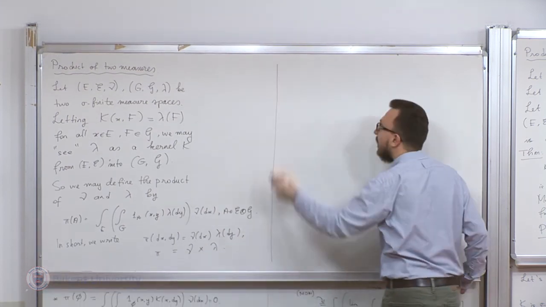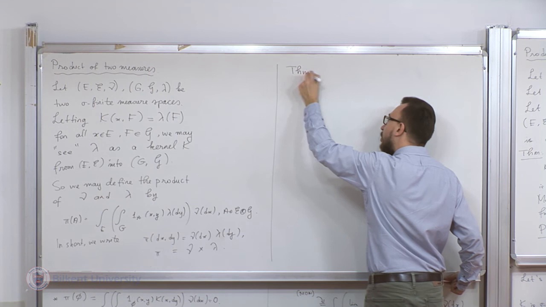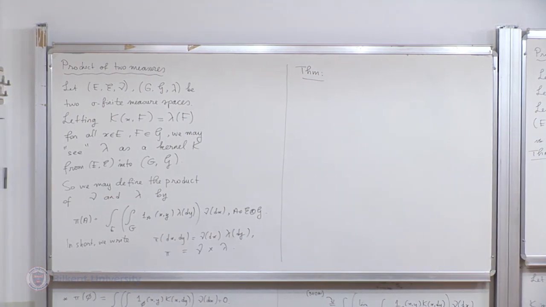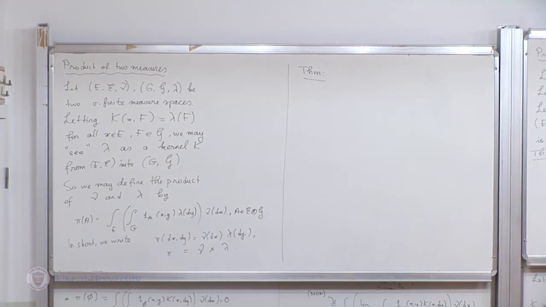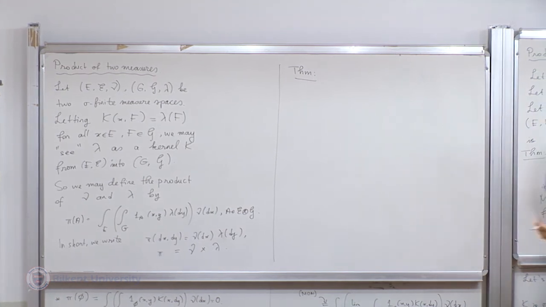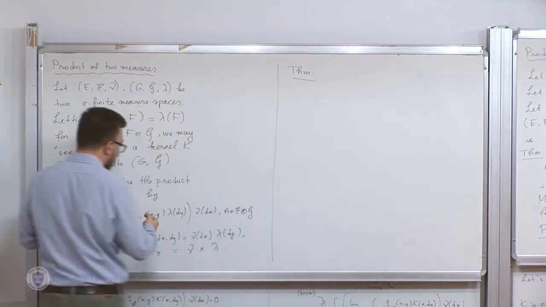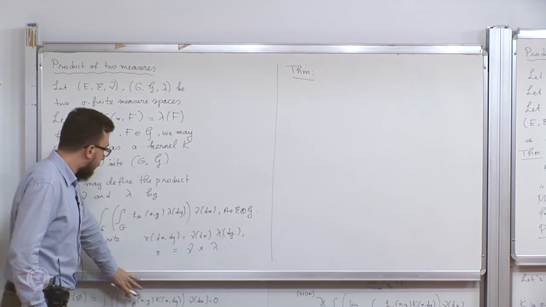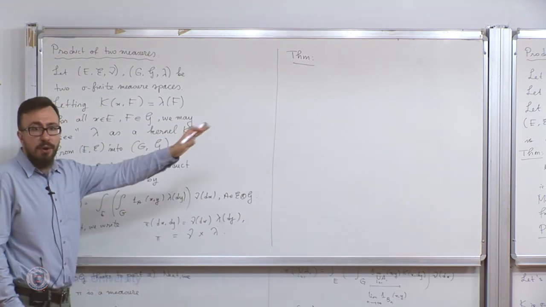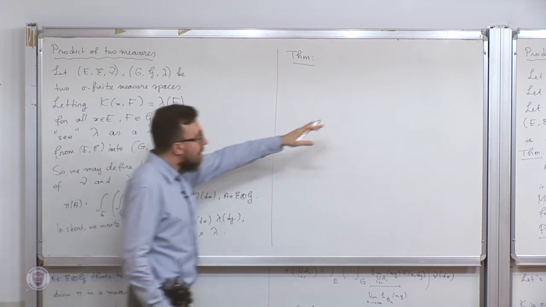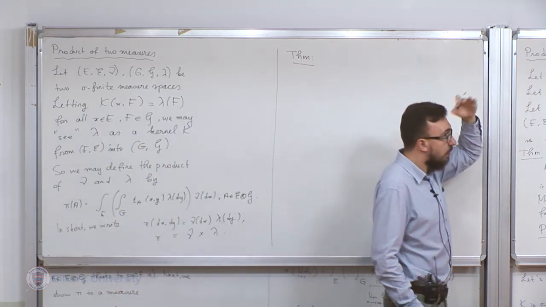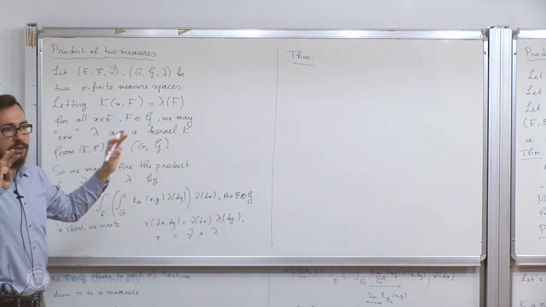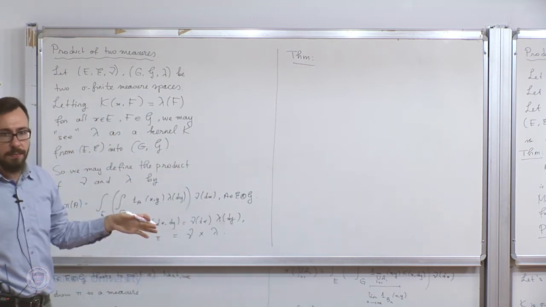Okay? Let me write it as a theorem, because we're not just going to write down a corollary to this theorem, but also the theorem is going to have a new claim. What is the new claim? The new claim is that this is a symmetric picture in some sense, right? I have a measure on both spaces. It's not like I have a measure on the first space and a transition kernel between the two. It's a fair situation. Both spaces have their own measures.